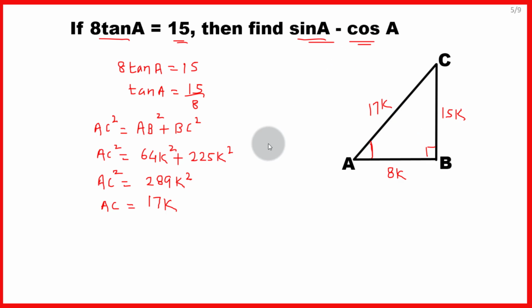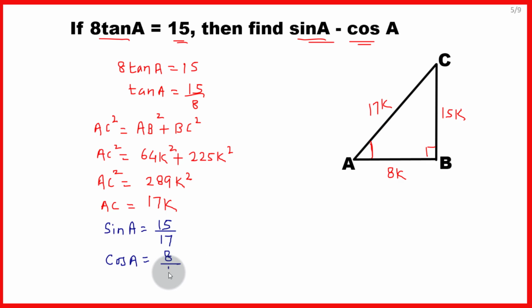Now we will find the value of sine A. So sine A, that is what, opposite upon hypotenuse, so it will be 15K upon 17K, that K and K will get cancelled and you will get 15 upon 17. And similarly cos A, that is equal to what, adjacent upon hypotenuse. So adjacent upon hypotenuse, K and K will get cancelled, and so it will be 8 upon 17.